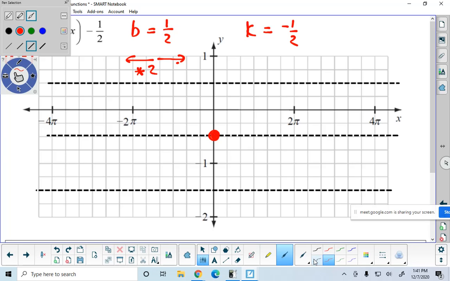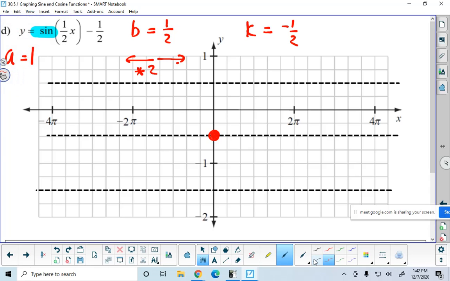I would say at the origin, but we've shifted it down so that's no longer the origin. But the sine curve normally starts in the middle and goes up. I'm going to erase this in a second because it's not drawn very well. Now, if it starts in the middle and goes up, will it still start in the middle and go up when a is 1? Yes. There's no vertical reflection.